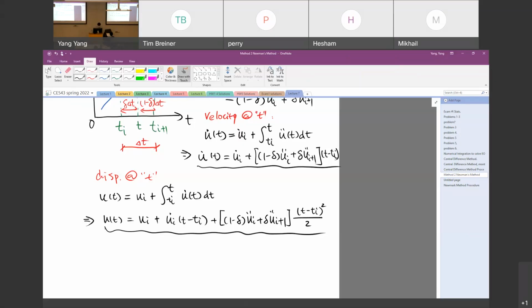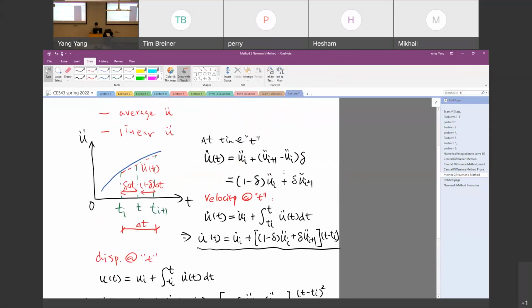Yeah, I have a quick question. What is gamma? Oh, delta, you mean? Yes, delta. So delta is a coefficient for us to do the linear interpolation.